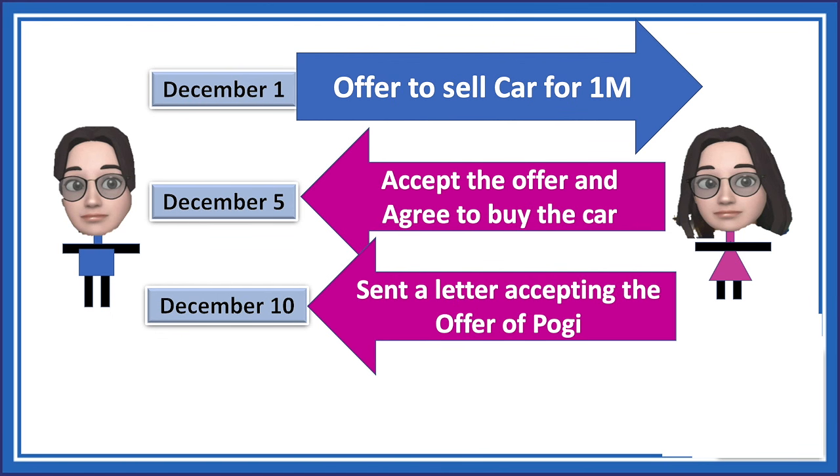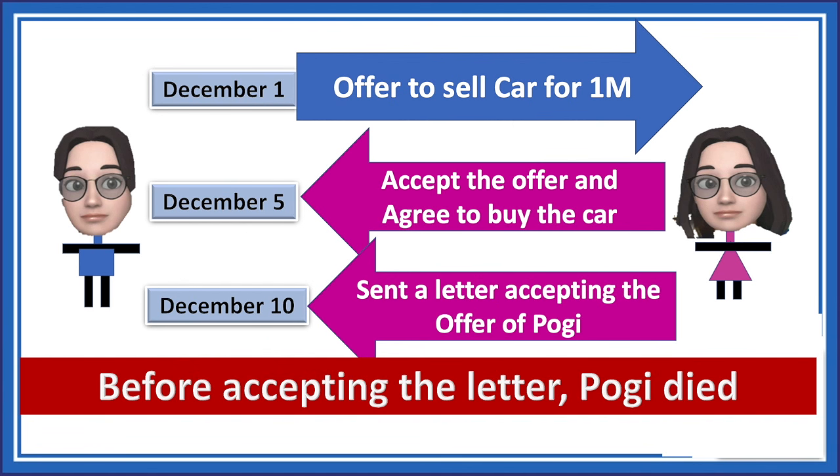While the letter is in the course of mail, Pogi died. So, question, is the contract perfected? The answer is no. The death of either party before the acceptance renders the offer and acceptance ineffective.